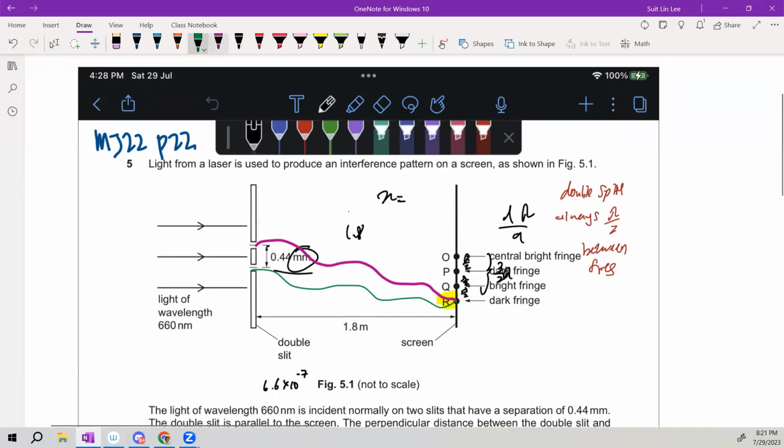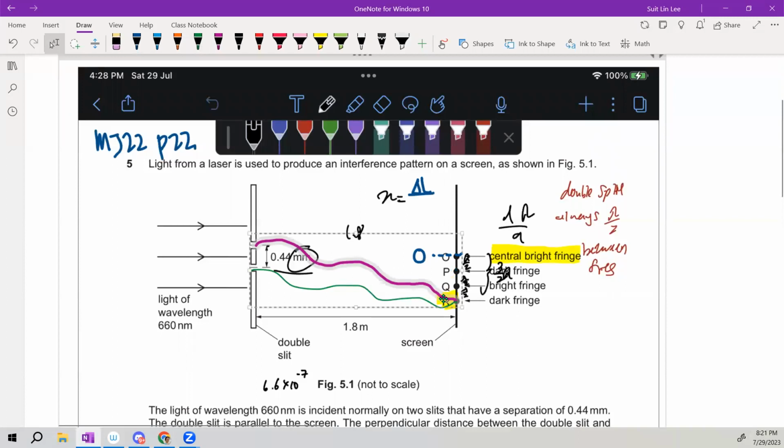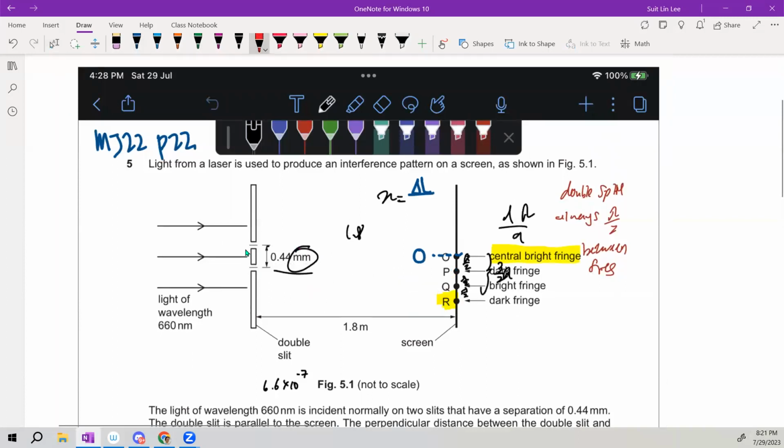So the first thing I want to identify is the central bright fringe. The path difference for the central bright fringe is 0, because the light that came from the slits will have the same distance traveled. Maybe I'll draw a straight line.